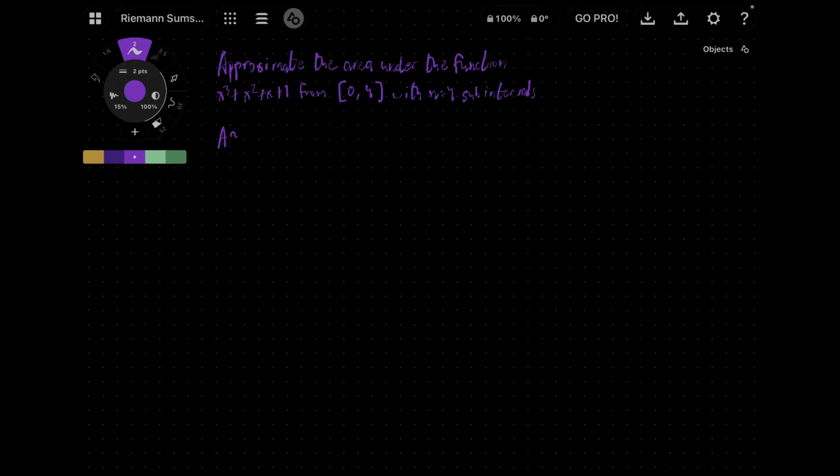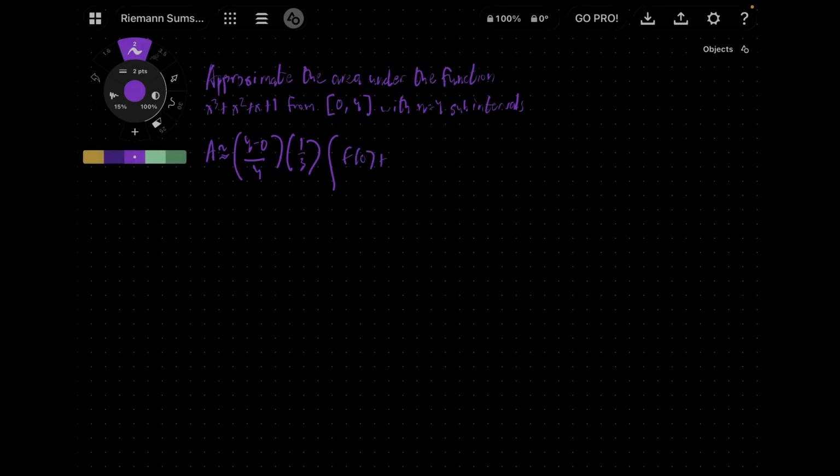So our area is going to be approximately b minus a, or 4 minus 0, divided by n, which is 4, but then multiplied by 1/3, then multiplied by f of 0 plus 4 multiplied by f of the next interval. Since n is equal to 4 subintervals, the next one will be 1.